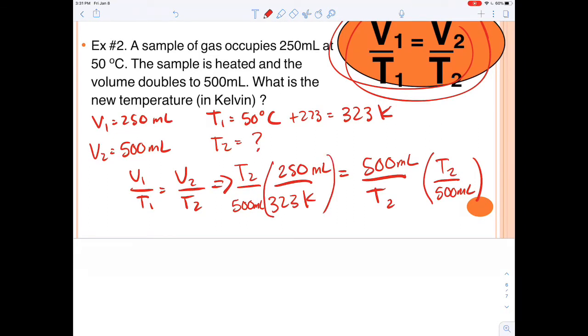So all of this is multiplied, and we get T2 times 250 over 500.